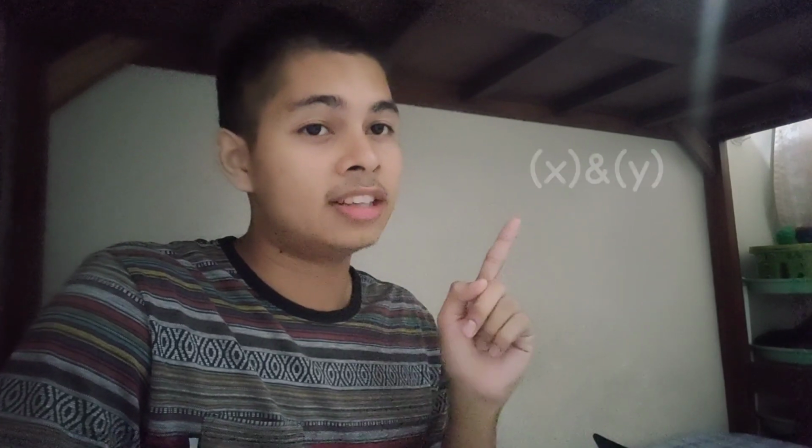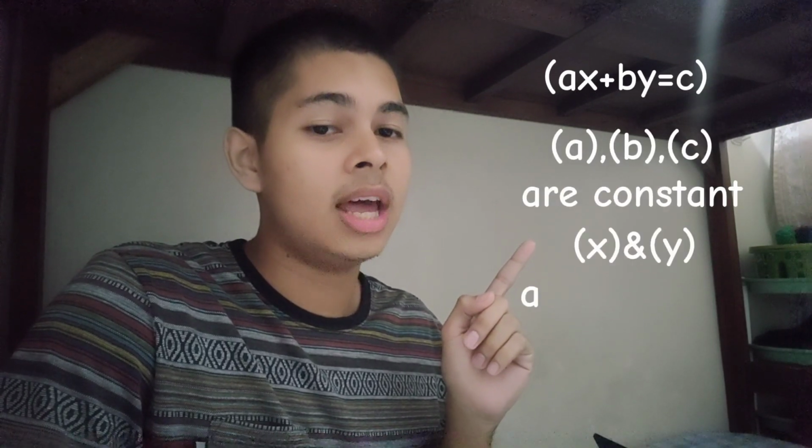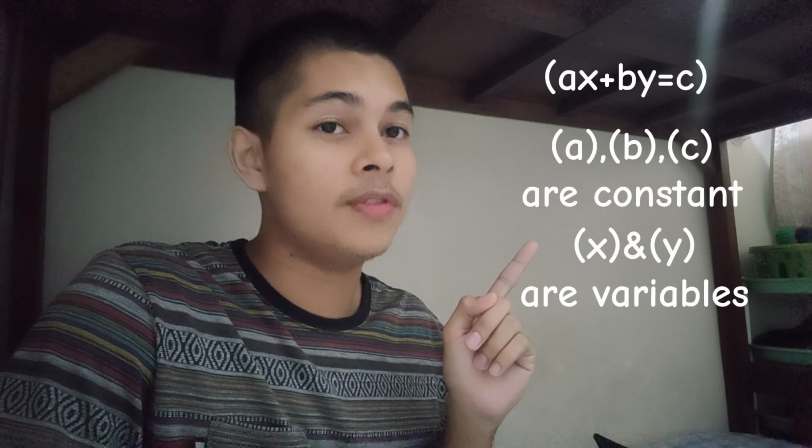Now, a linear equation in two variables is an equation that contains two different variables, typically represented as x and y, and can be graphed as a straight line on a Cartesian plane. It is usually written in the form ax plus by equals c, where a, b, and c are constants, and x and y are variables.